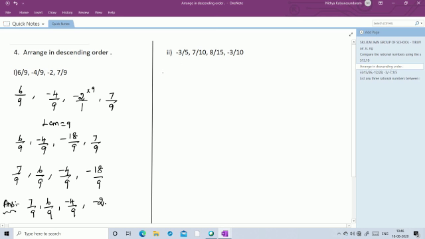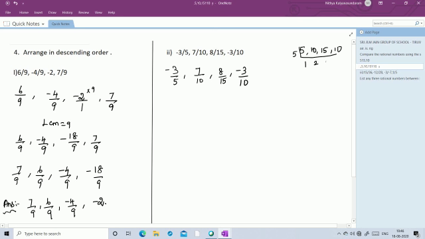Next question, minus 3 by 5, comma, 7 by 10, comma, 8 by 15, comma, minus 3 by 10. Here the denominators are different. So take the LCM of 5, 10, 15, 10. We can divide with the 5 table.